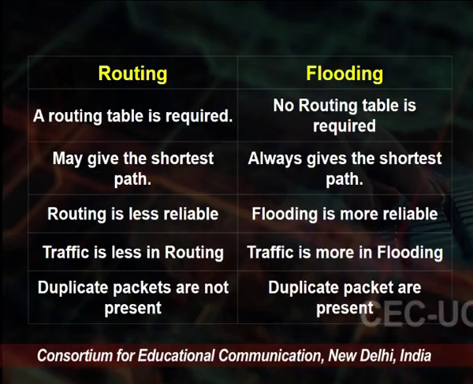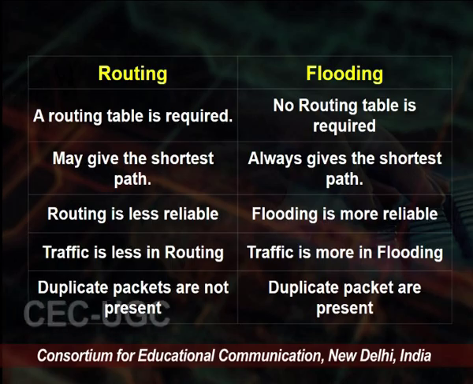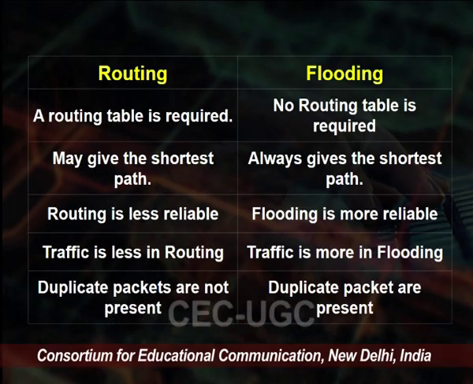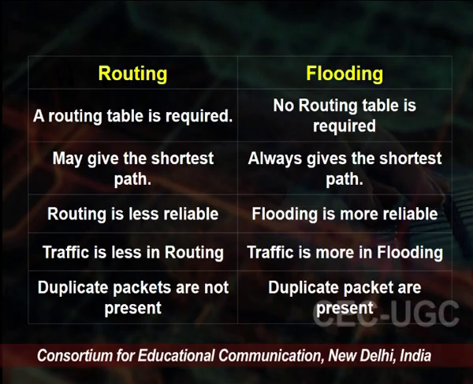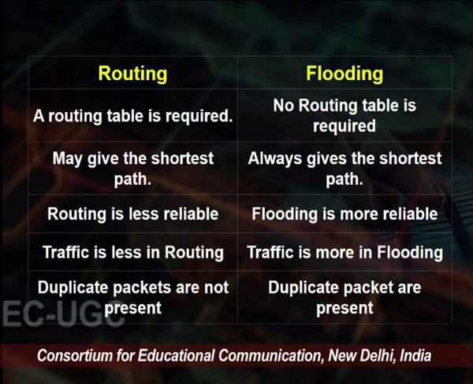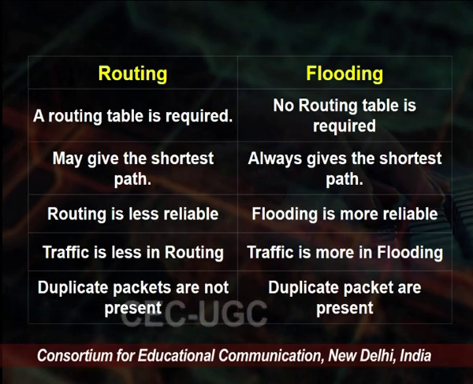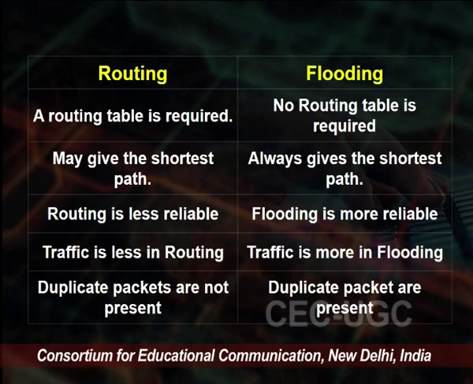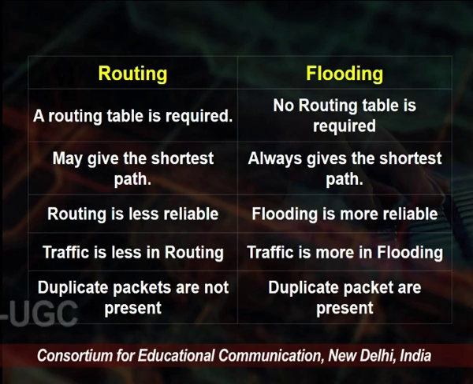Then if we want to look into the difference between routing and flooding: in routing we need a routing table. In flooding, as the packet is to be sent on all other links except the one on which it has arrived, no routing table is required. Routing may give the shortest path, but flooding will always give the shortest path, because your packet is going on all the paths, shortest, then medium, then longest, every path.